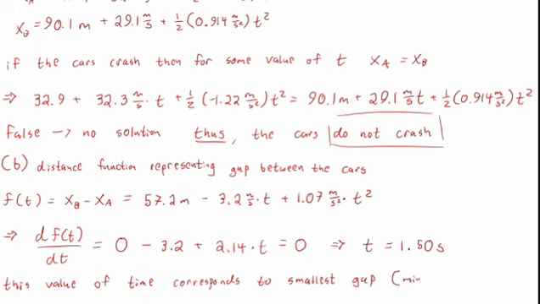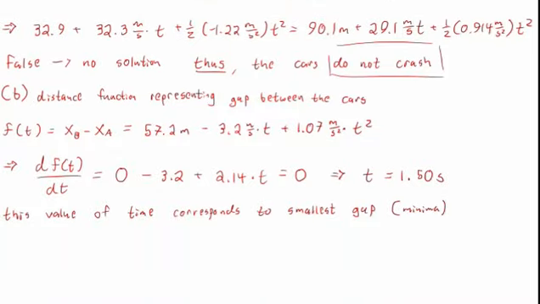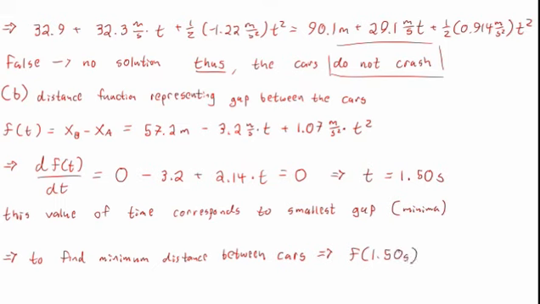Okay, minima. All right, so now finally, then we can plug that time back into our gap function to find the minimum distance between cars. We're just going to take f of 1.50 seconds. And what that's going to look like, I'll bring that down here. All right, we'll go back to our gap function, this one right here.